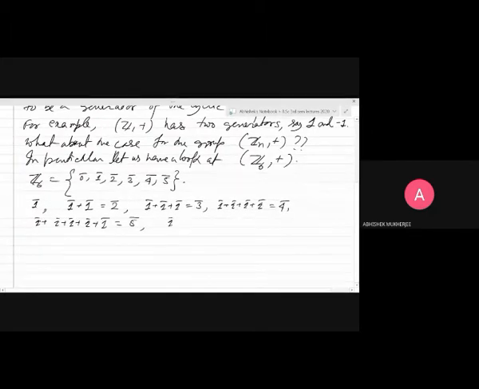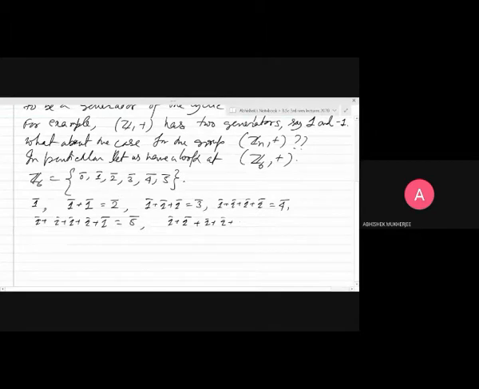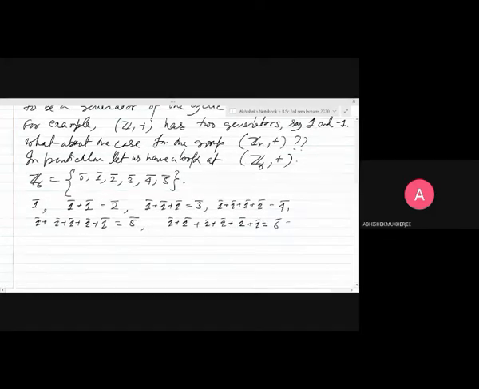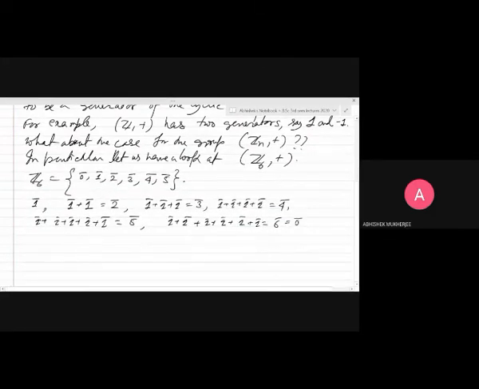Now add one more, then 6 class, right? But since the addition is modulo 6, it must equal 0 class, as 6 divides 6. So it returns back to 0 class.